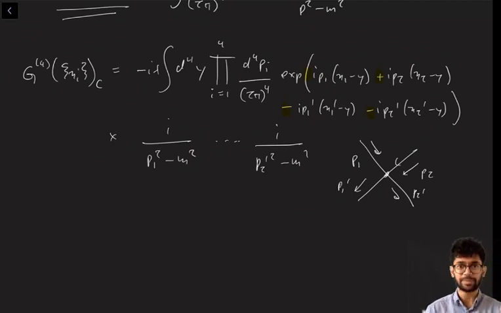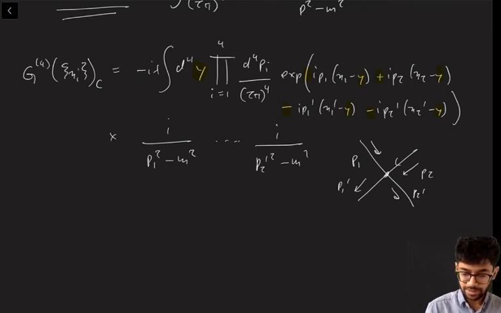Okay, so now let's take a step back and stare at this expression. Let's look at the y integral for a second. Okay. So where does y enter? y enters only in this exponent. It enters, for example, here, here, here, and here, and nowhere else.